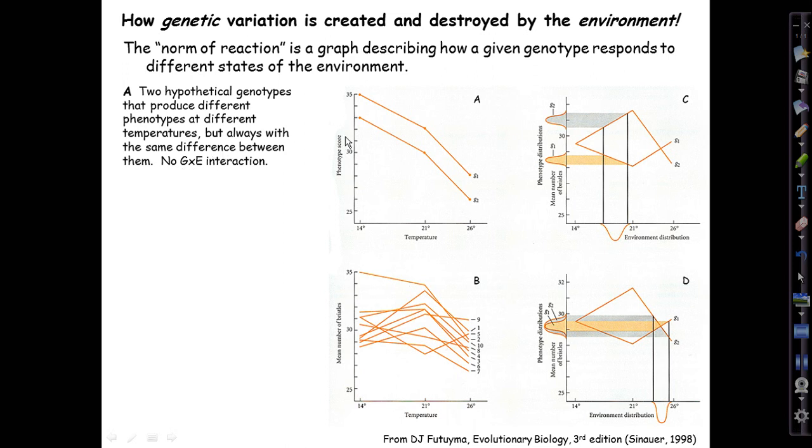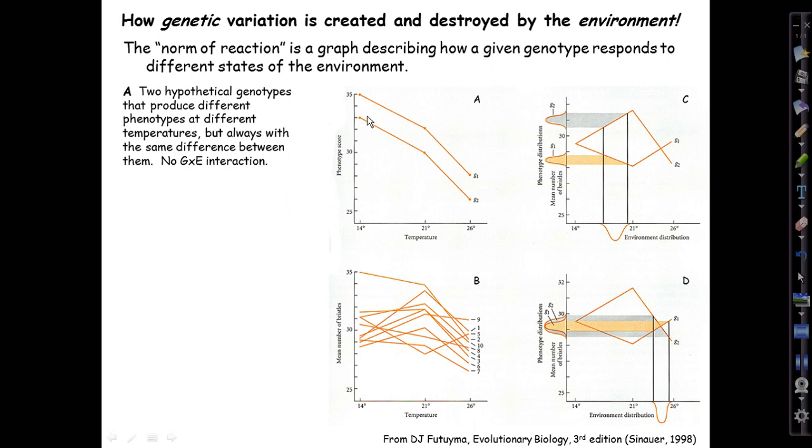So in this hypothetical case, the two genotypes called G1 and G2, which you can read on the slides, but they're probably not very visible in the video. Sorry. But anyway, that's what they are, two different genotypes. They produce different phenotypes at different temperatures, but always with the same difference between them.